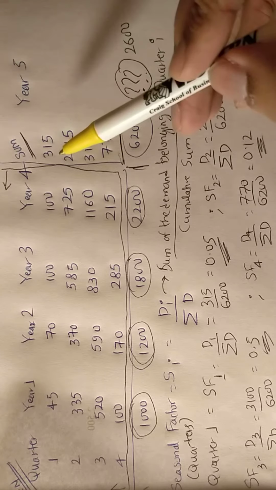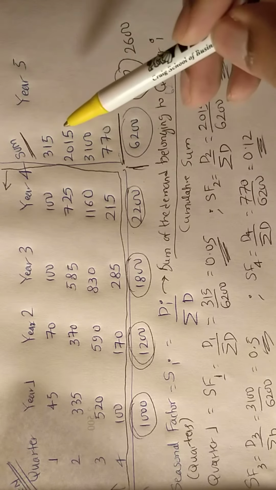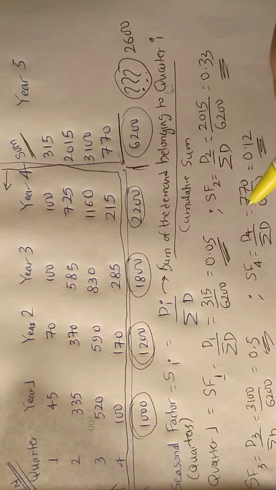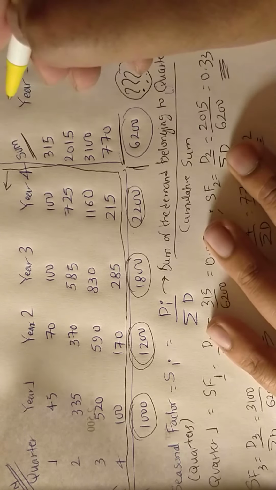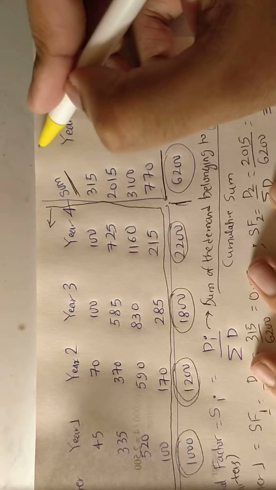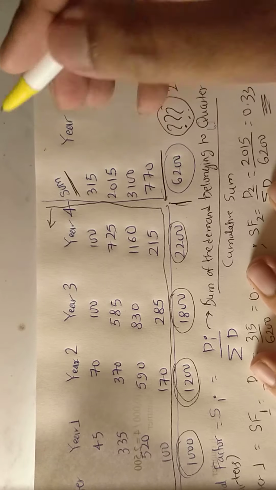We know that demand in Q1 is relatively lower compared to the demand in Q2 and Q3, and the seasonality factors capture that. So the way we figure out the seasonality adjusted quarterly forecast for year 5.